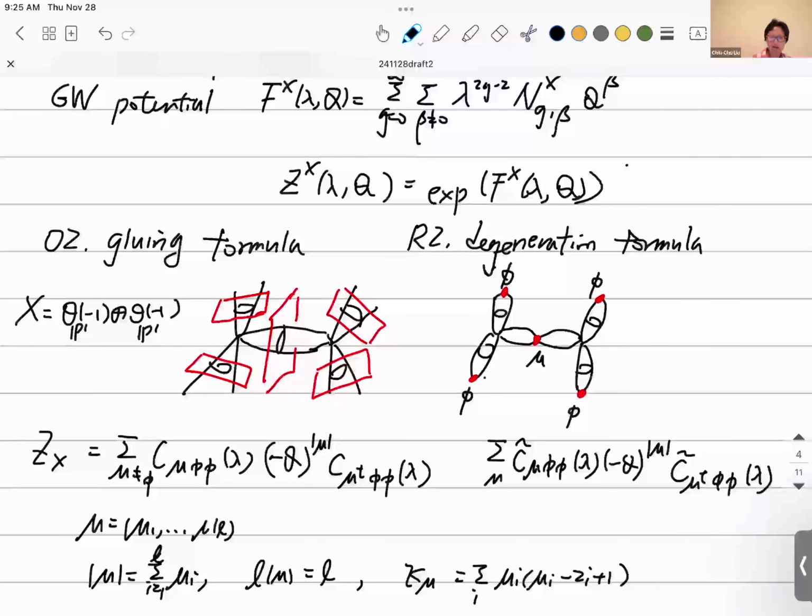Let's compare the gluing formula in the physics theory in terms of open invariants and our degeneration formula. Let's take the simple example, which is the resolved conifold, O(-1) plus O(-1) over P1.